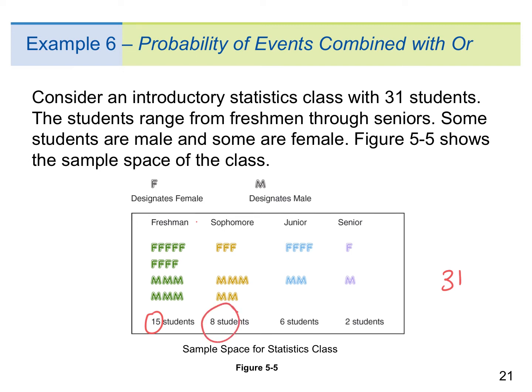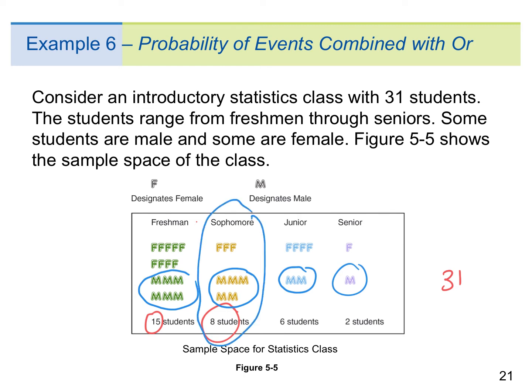How many males are there? We have 6, 11, 13, 14. So 14 out of the 31 children. Sophomores, there's 8. Twice. We counted the male sophomores twice.